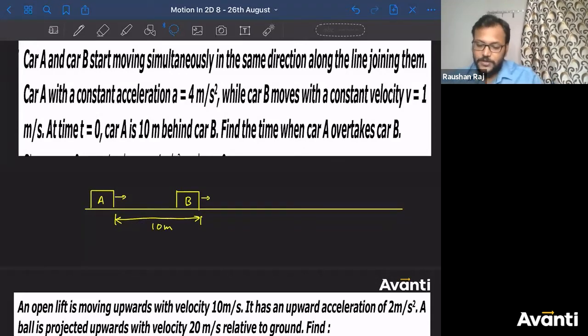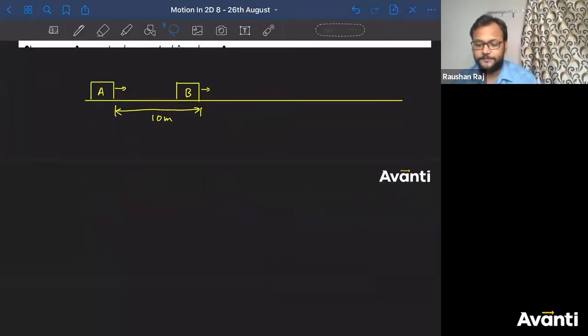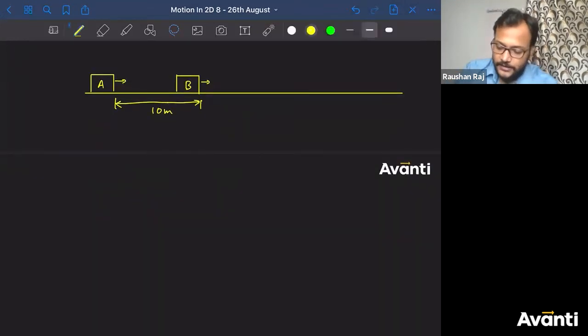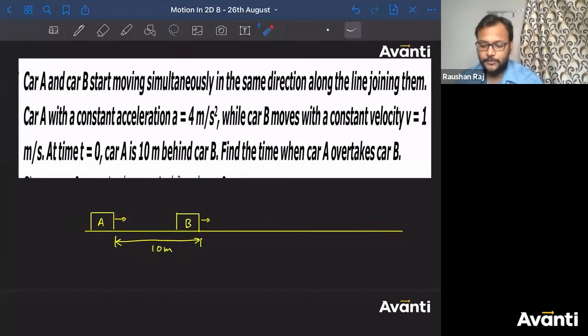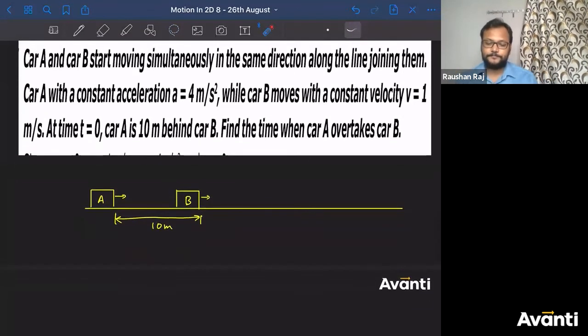Now they are asking you, find the time when car A overtakes car B. So use the relative motion concept. Look, what is the initial velocity of A? Guys, tell me, what is the initial velocity of A? It's 0, right?